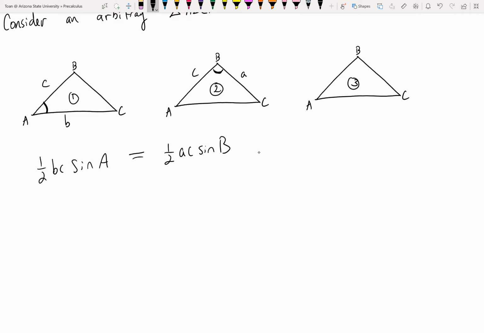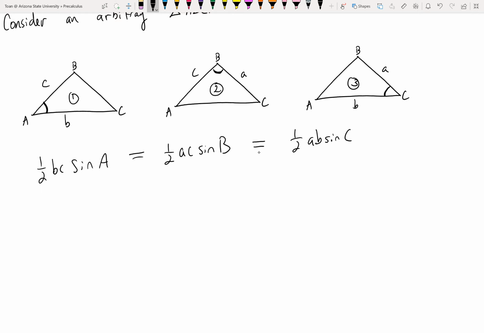So what is the area of triangle 3 if I focus on this angle? I need its adjacent sides. This is side B and side A. According to the formula, it's 1/2 AB sine C. And again, since these are all three congruent triangles, all these areas should equal each other.